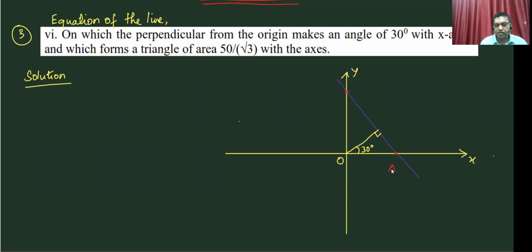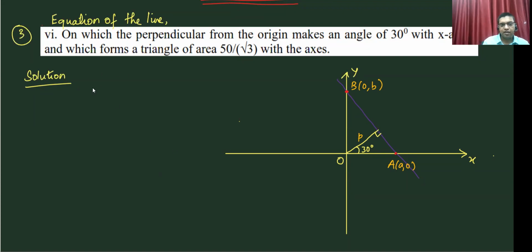You call this as A comma 0 and B, 0 comma B. And this is P. Now you have to use basic trigonometry for sure. I'll do without using trigonometry.